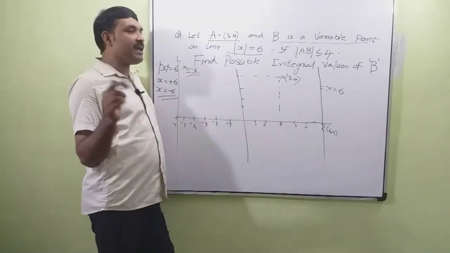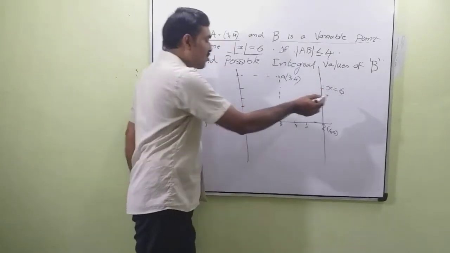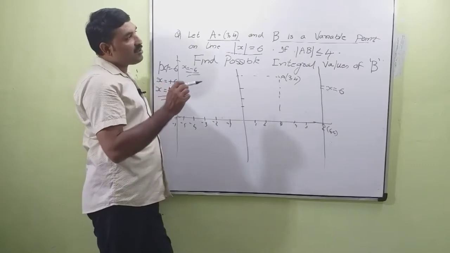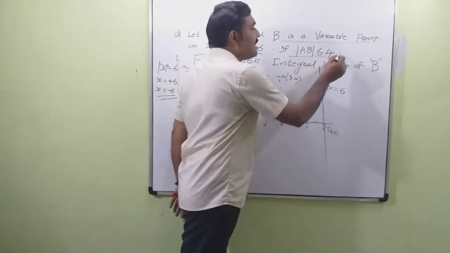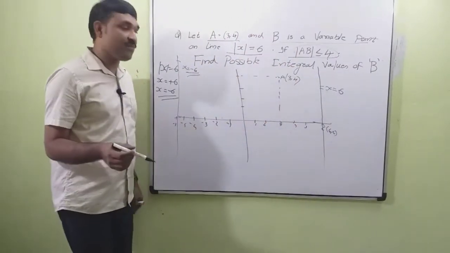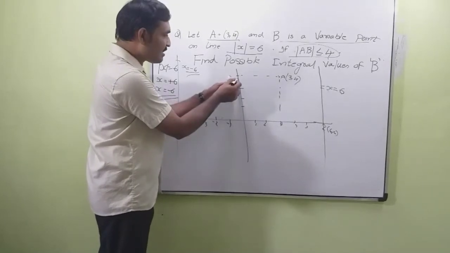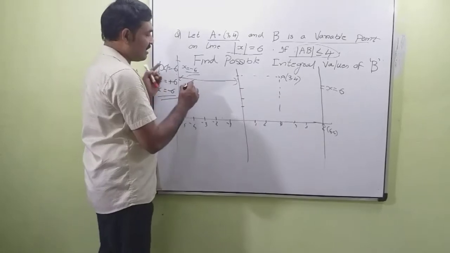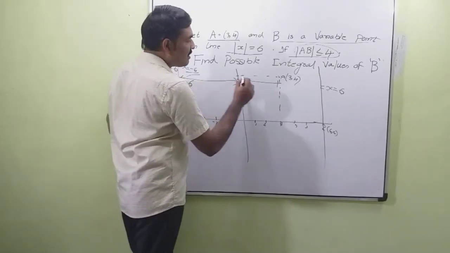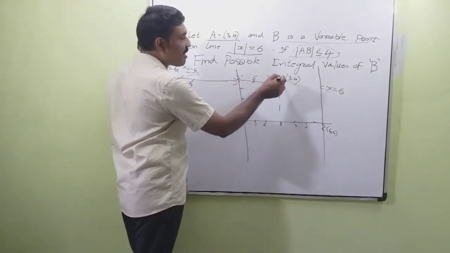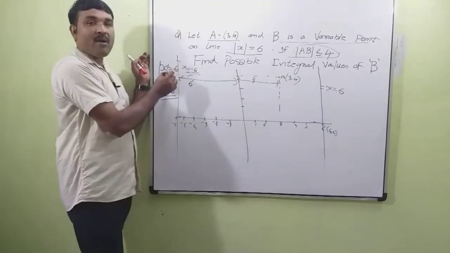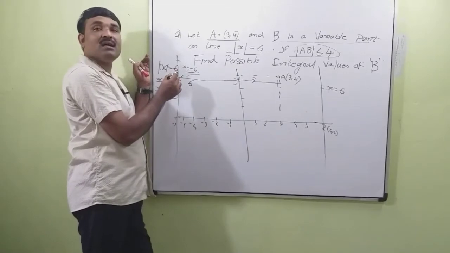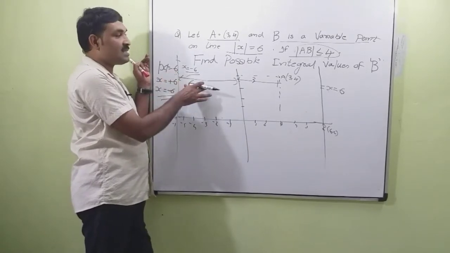So B is the point lying either on x is equal to 6 or on x is equal to minus 6. Now the condition is that modulus of AB is less than or equal to 4. So the distance from the y-axis to this line is 6 units and this distance is 3 units. So the shortest distance from A to any point on the line x is equal to minus 6 is 9.